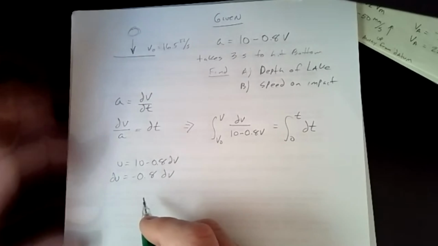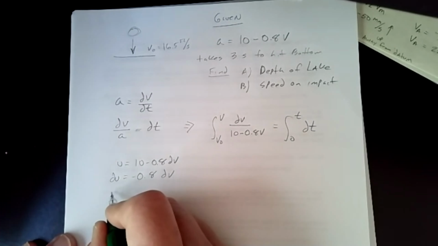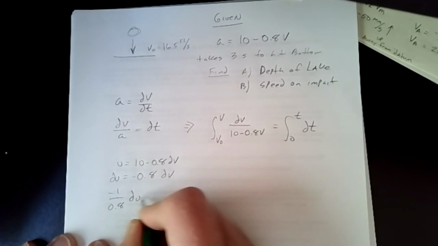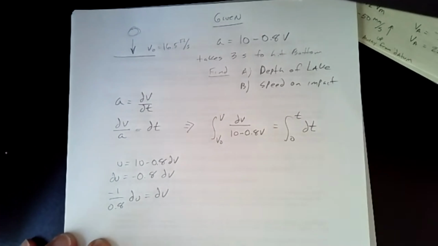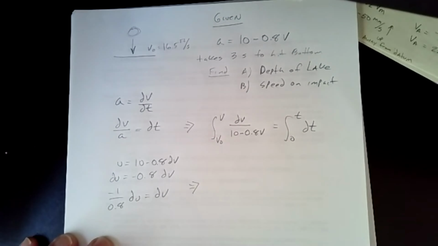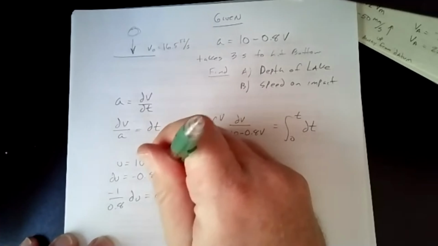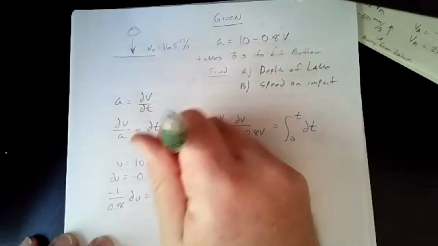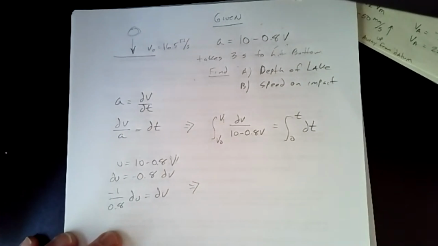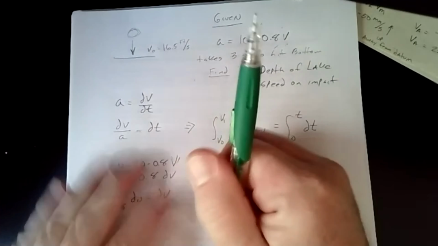So we know that negative 1 over 0.8 times du equals dV. Wouldn't the first part just be U equals 10 minus 0.8 V, not dV? Yes, I'm sorry about that. Got ahead of myself. Thank you. Like I said, my calculus is rustier than yours.